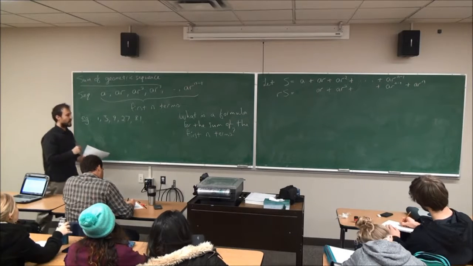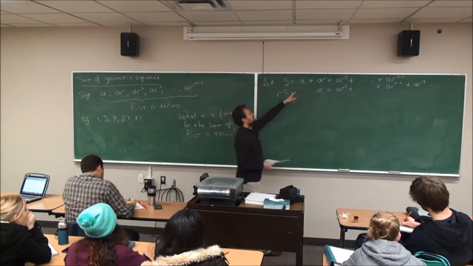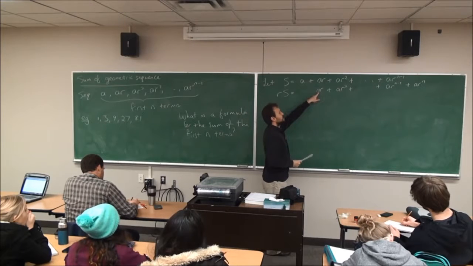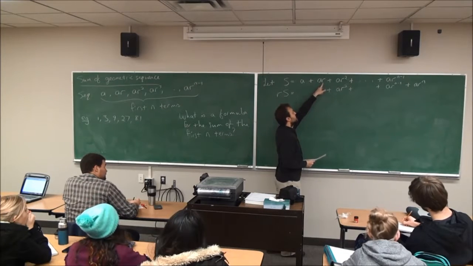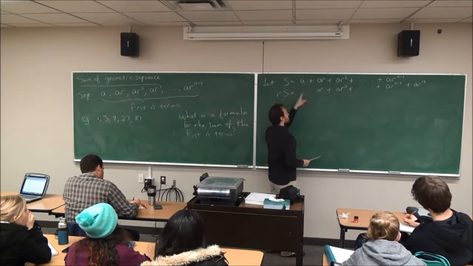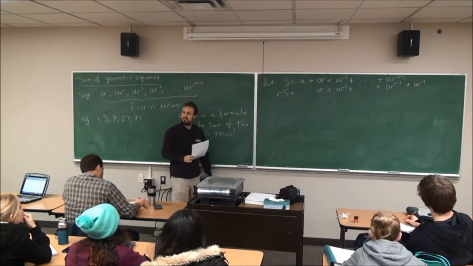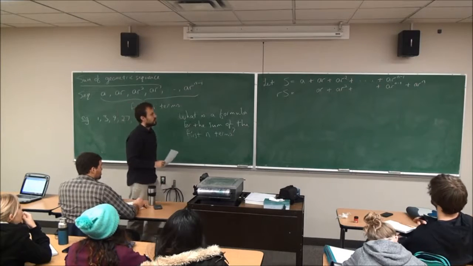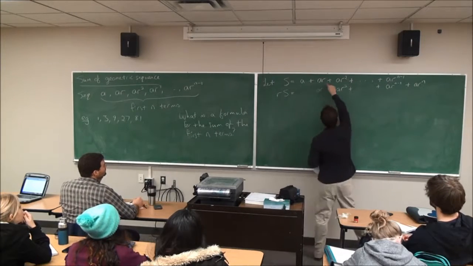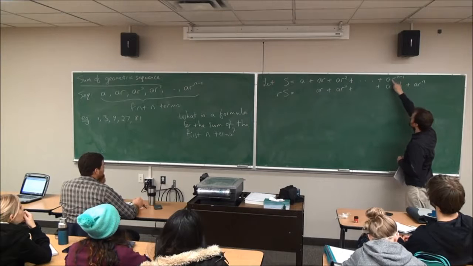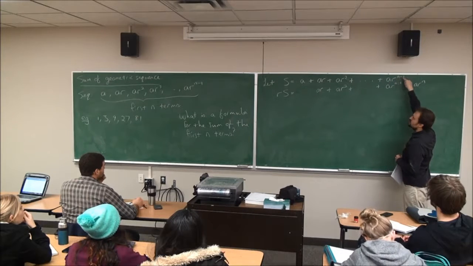The first one was an a, so now it becomes r times a. This guy was ar, I'm multiplying it by r, so now I have ar squared, and so on and so on. Okay, so then why are we adding the ar? The last guy, as I'm going down this list, was a times r to the n minus 1.